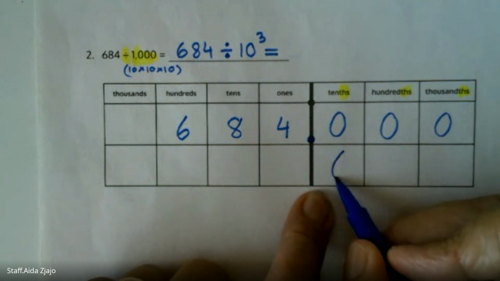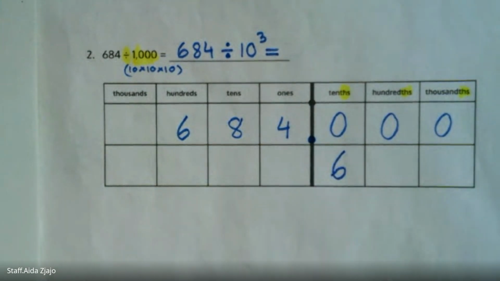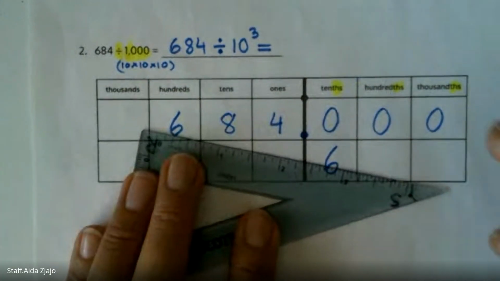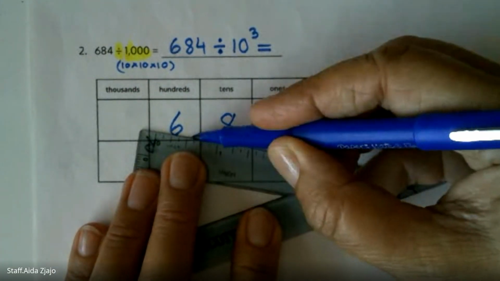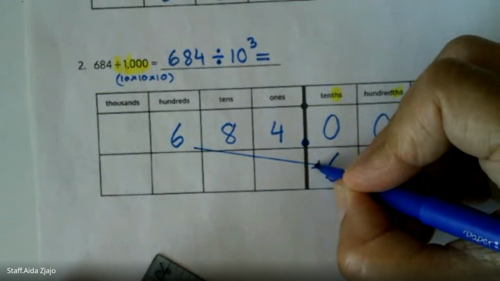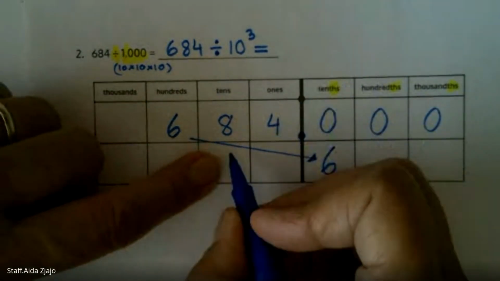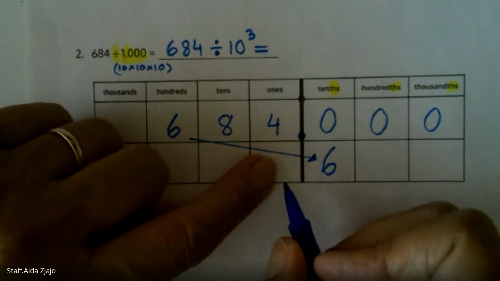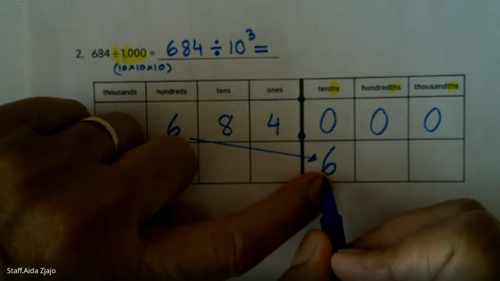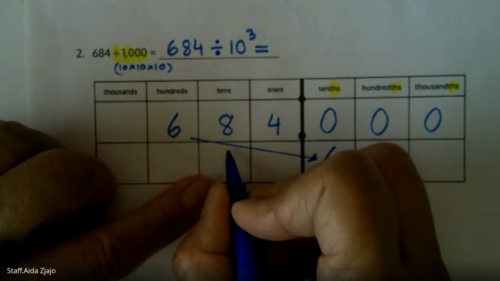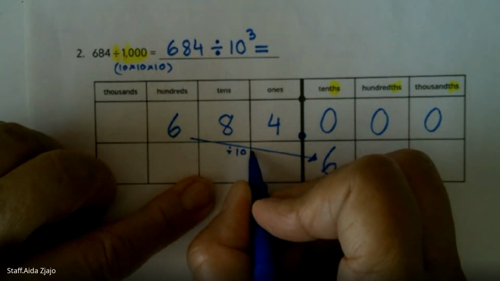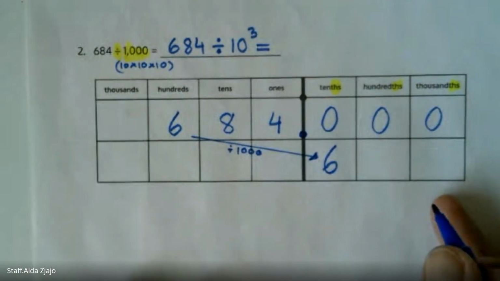So the 6 has to be in this position. If I divide by 10 I get here, and if I divide by 10 I get here, and if I divide by 10 I get here, which means I really divide this number by 1,000.